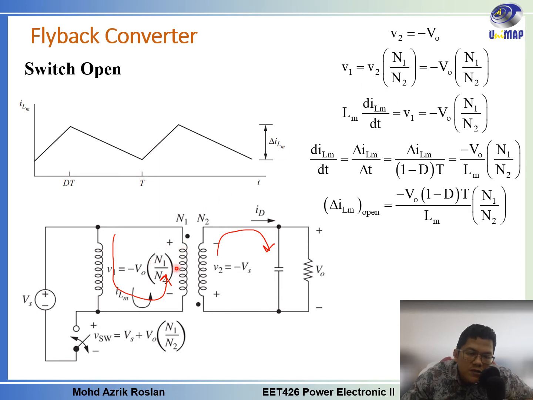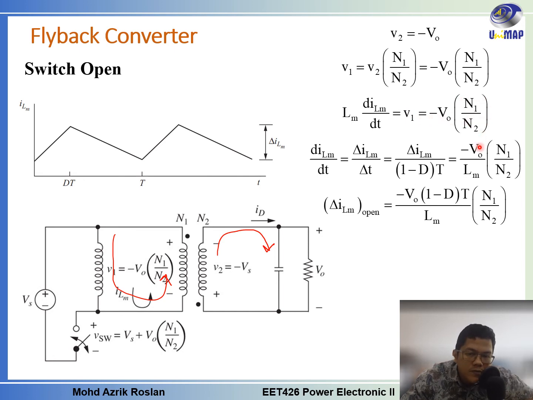The voltage V1 is also connected to the magnetizing inductance, so the voltage across it must be the same. So we have Lm dilm over dt equal to V1, which is negative V out multiplied by N1 over N2.